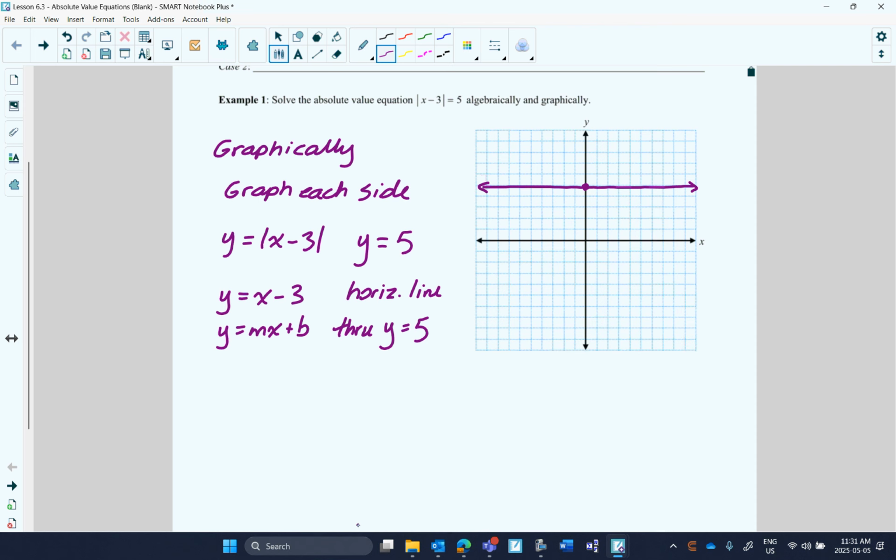So what's my y-intercept? -3. And my slope? 1 over 1, which means I go up 1 to the right 1, and I keep doing that. You want to graph this accurately to get the right answer.